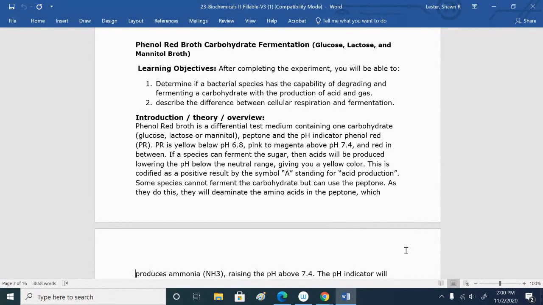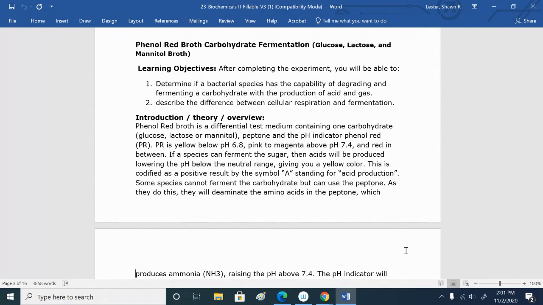So we already have some experience with mannitol. Remember the MSA plates, right? The mannitol salt agar plates. And how did we tell if the bacteria were fermenting mannitol? What did you see? There would be yellow, right?